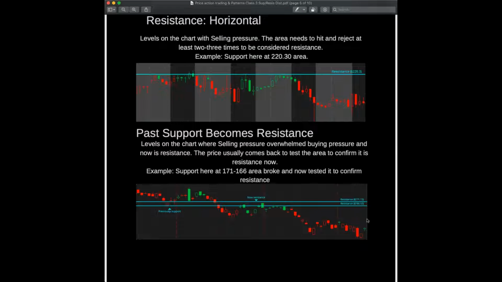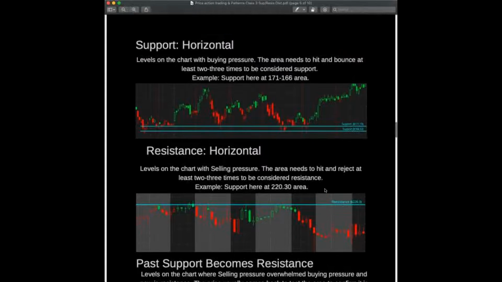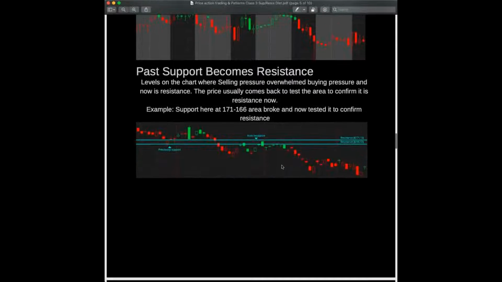Now past support and past resistance become support and resistance. So past support becomes resistance. So the same support here at 171 and 166.50, we have that same support right here, 171, 166.50.